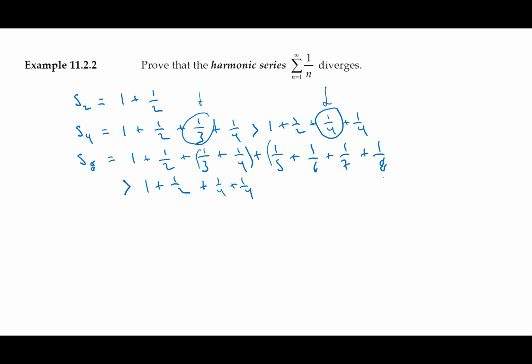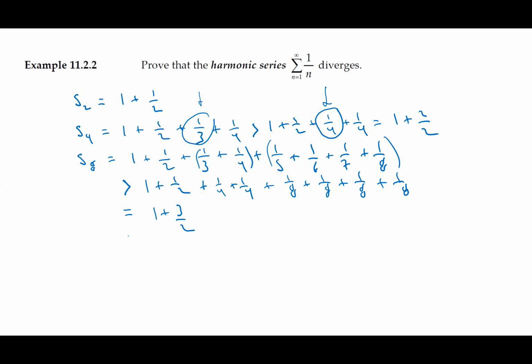And then all of these 1/8 plus 1/8 plus 1/8 plus 1/8. Okay? Which actually works out to 1 plus 3/2. Okay? Might be worth noting that this one worked out to 1 plus 2/2.